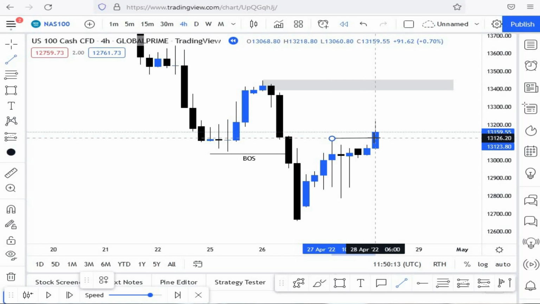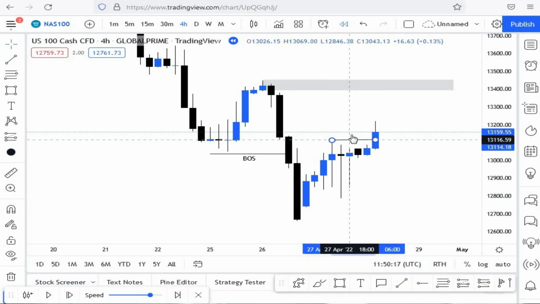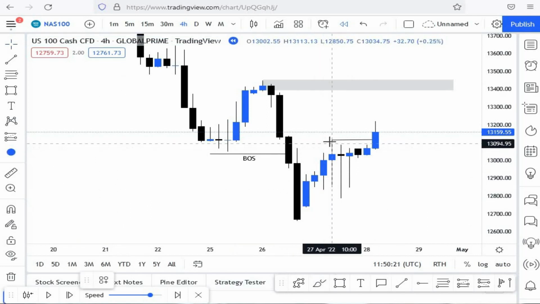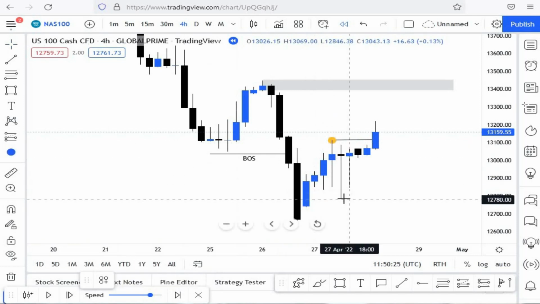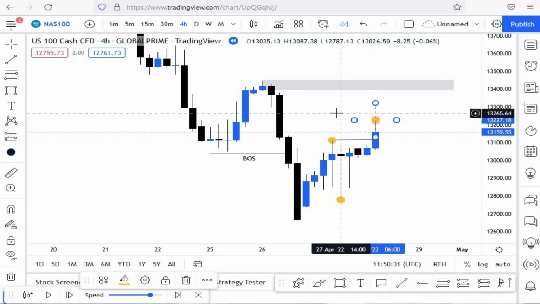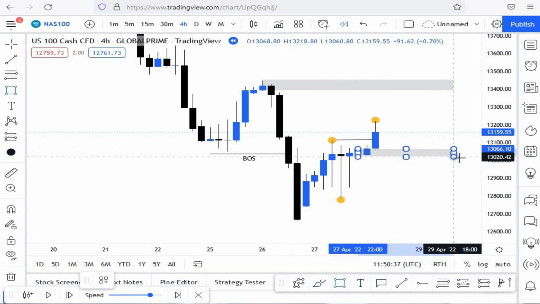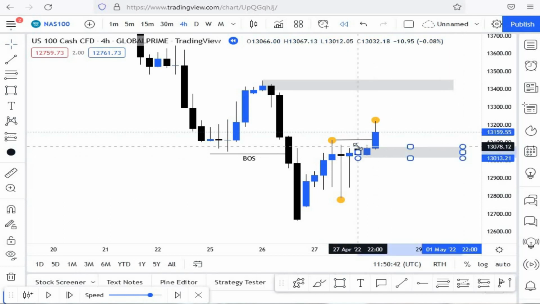This was a break of structure, and what you can see guys is that the price has created a swing high right there, and this is a new swing low right here, and this is a new swing high right here. But we can also see that we had this opposite candlestick, meaning that was the opposite candlestick which broke the structure right there.